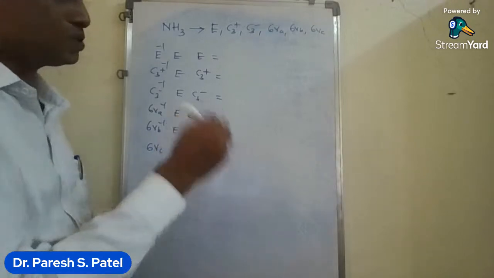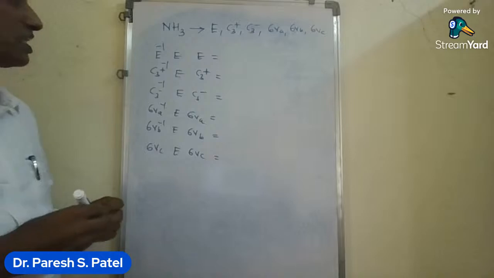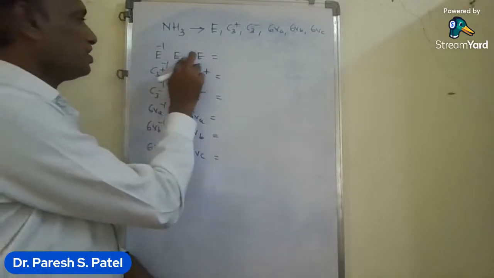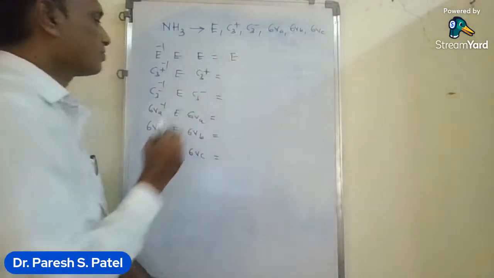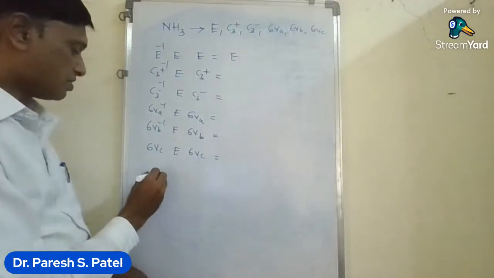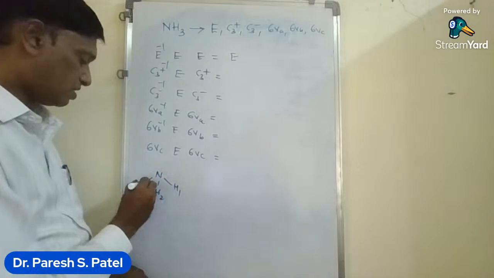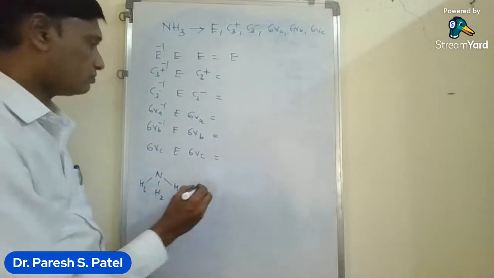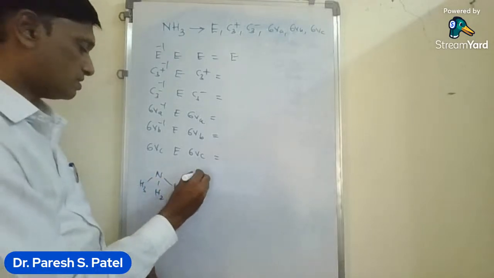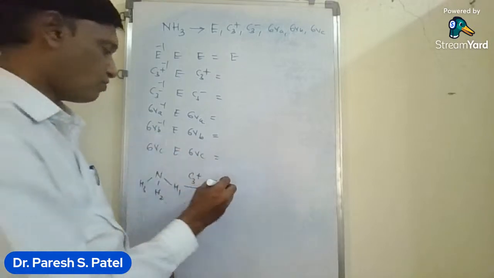Okay, so according to conjugate properties, E inverse E into E is equal to E. Okay, now in case of the ammonia molecule, suppose 1, 2, and 3. C3 plus, it means one time clockwise rotation.